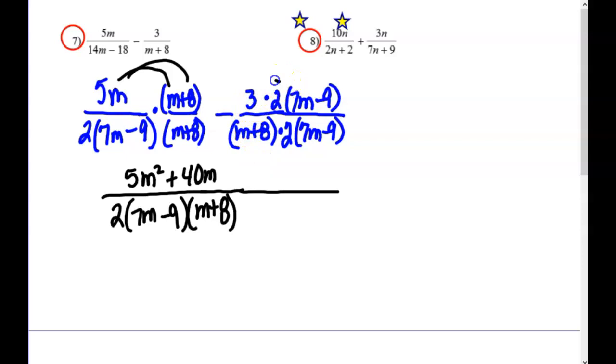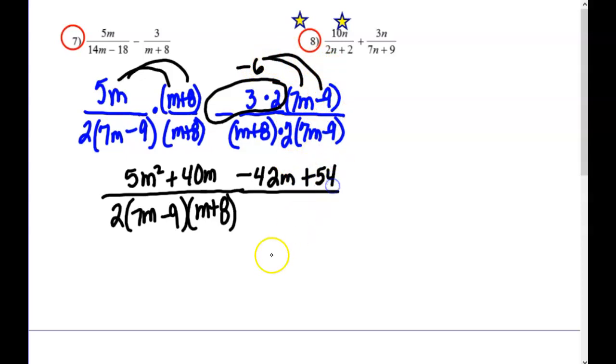Be careful. I'm going to distribute that as a -6. Does everybody see that? So I don't forget that I'm subtracting. So -3 times 2 is -6, times 7m would be -42m. And then -6 times -9 is plus 54.